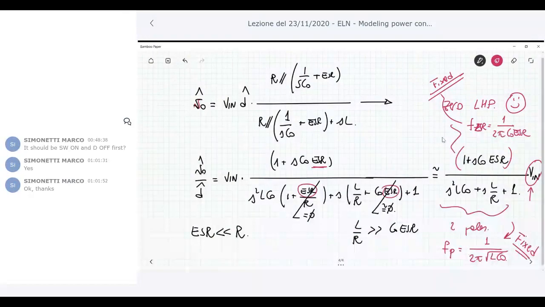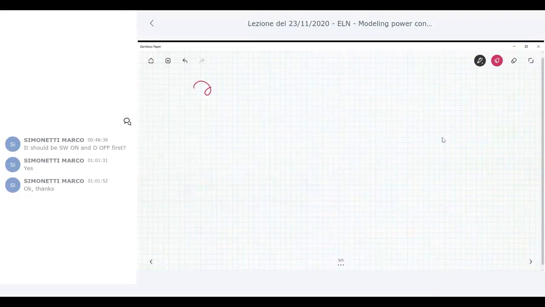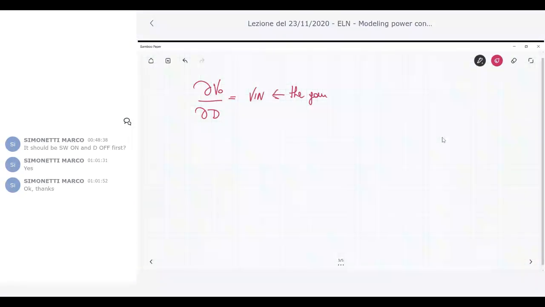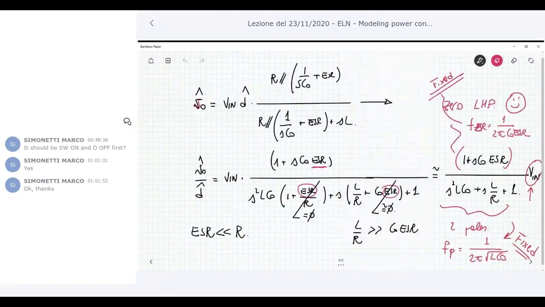Remember that when we derived the buck parameters, we had that the variation of the output voltage versus D is exactly V in. This is the gain. Now this term can be regarded as the DC value of the control to output transfer function. This is exactly what we already derived previously in the buck steady state operation.